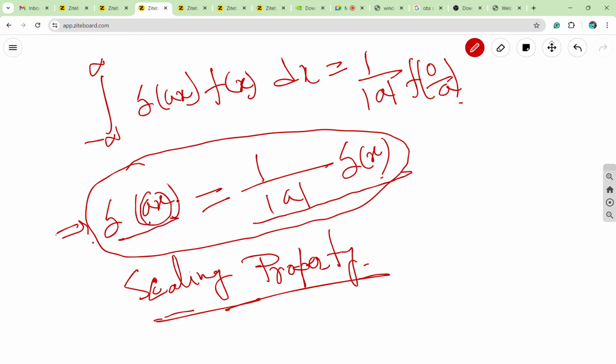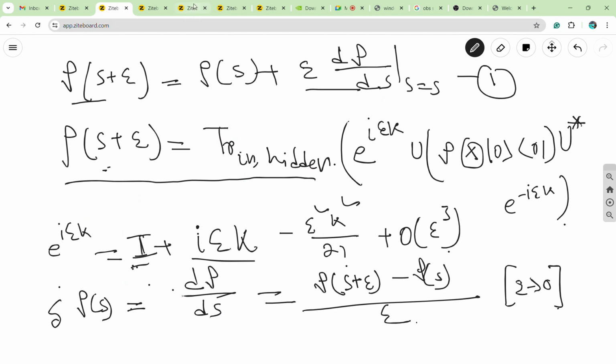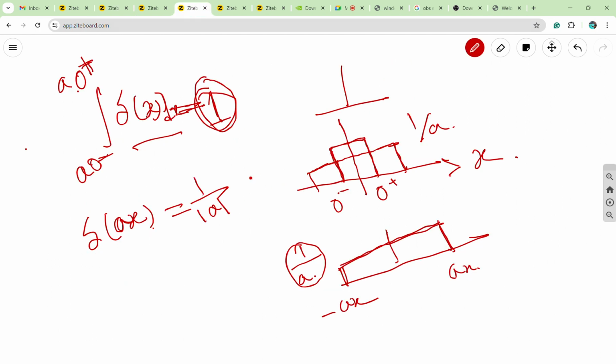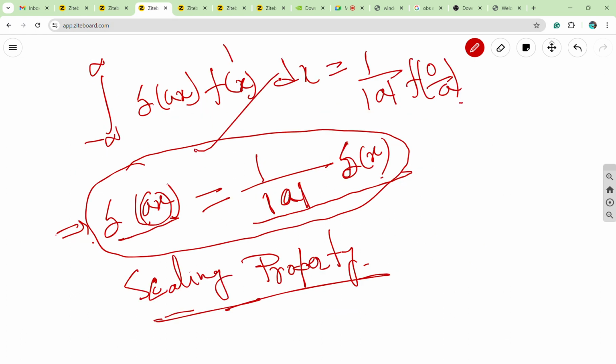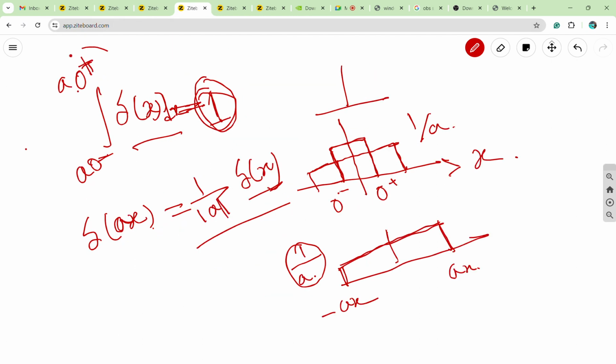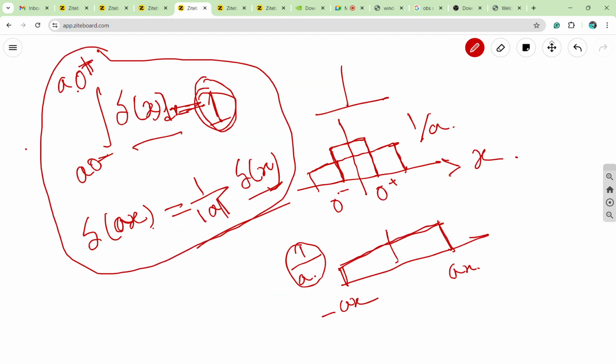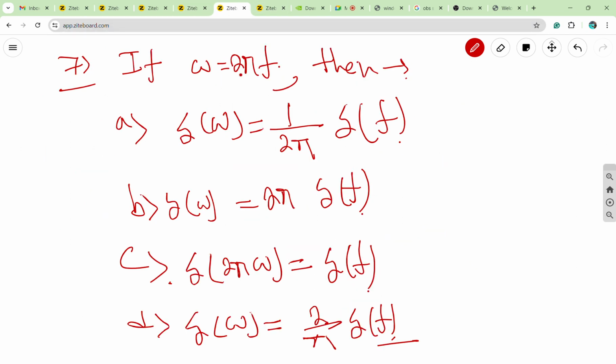If you do a scaling in x, it just gets divided by mod of a for delta x. I gave you the theoretical derivation and also the practical visualization. So from here we can say that the option number A is correct.